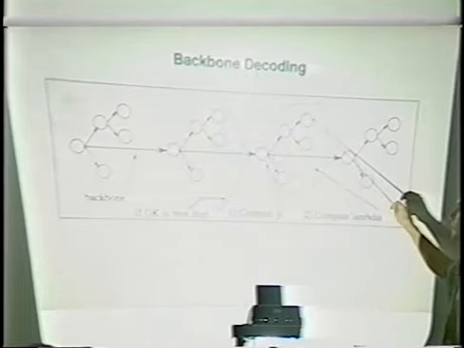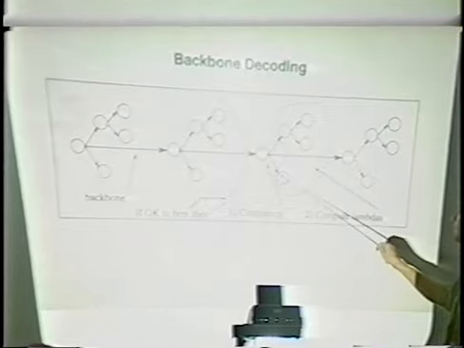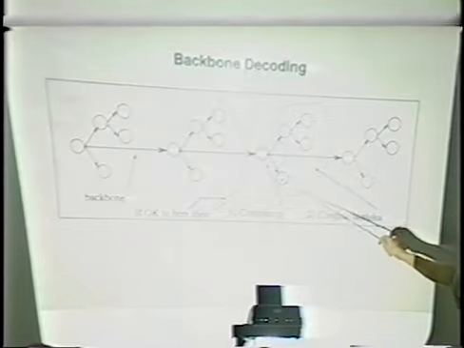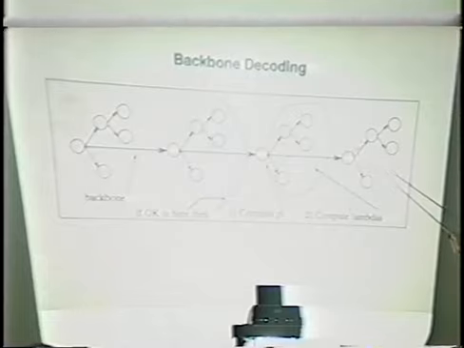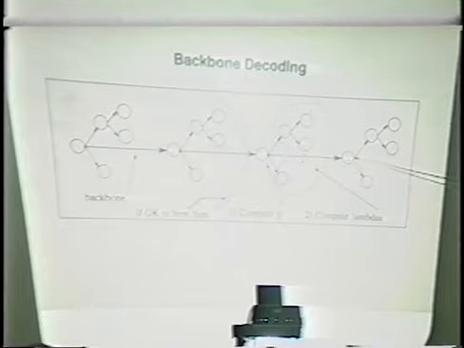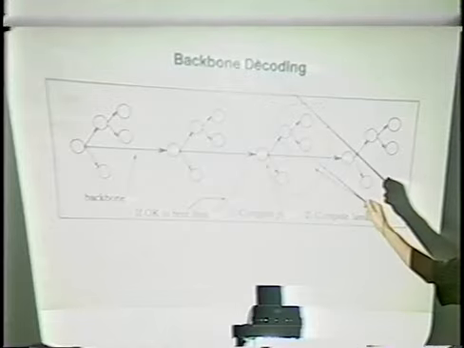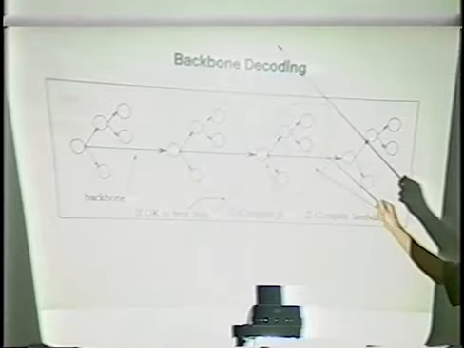Then you can start down here and back up the lambdas, and back up this, well, this one is just a base case, and get a lambda for this one. And then you're ready to go on because you have the pi for the parent and the lambda for the siblings. And then in the backwards pass, you need to compute the lambdas for the backbone, which you can do because you're just going bottom up.